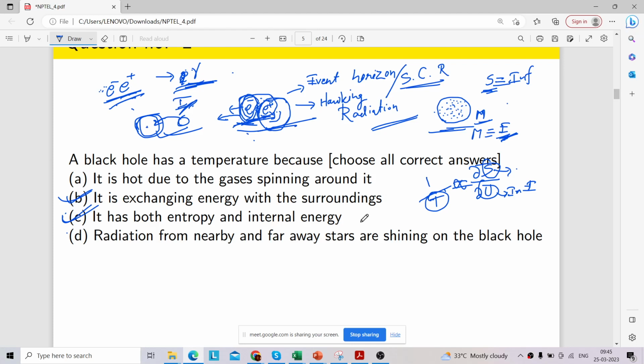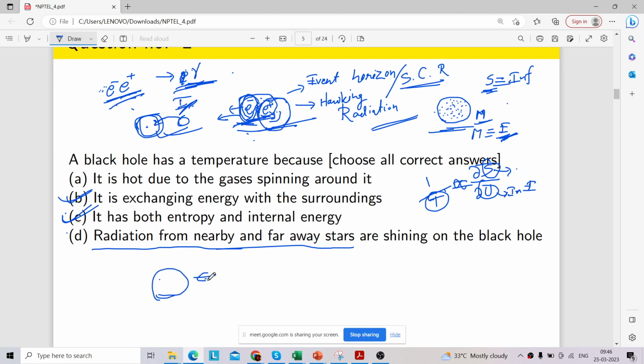And coming to the last point, radiation from nearby and faraway stars is shining on the black holes. That's not correct. Black hole means it's completely black, means its absorption coefficient is 1.